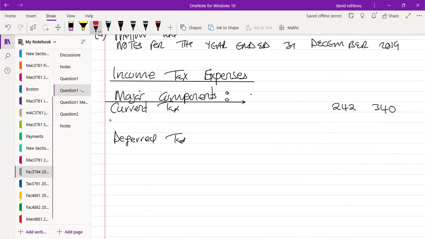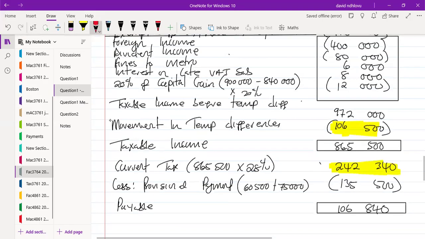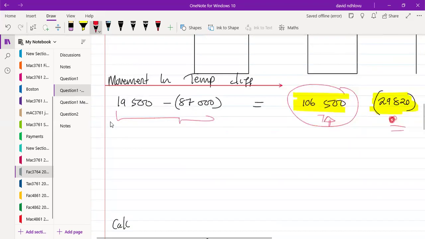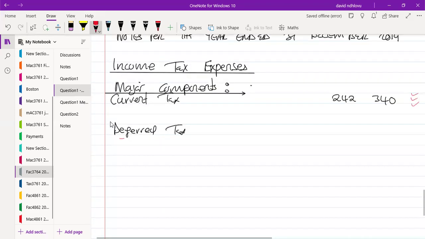What we do is put this amount on as an expenditure, so it goes in as a positive amount, representing an expense. Then the deferred tax amount can either increase or decrease that particular expense. What we do is go and check the movement. If we have a negative amount here, then 29,840 will be a positive here.